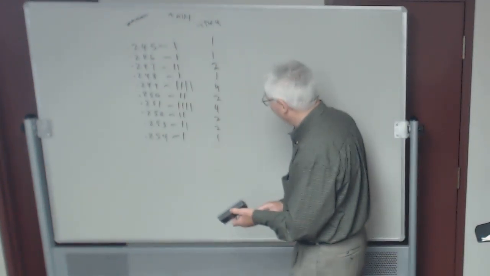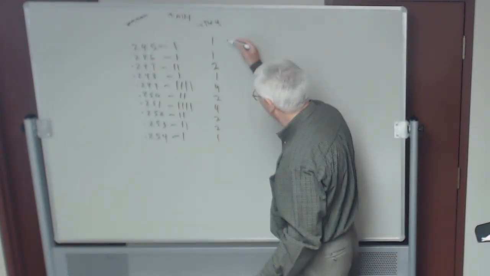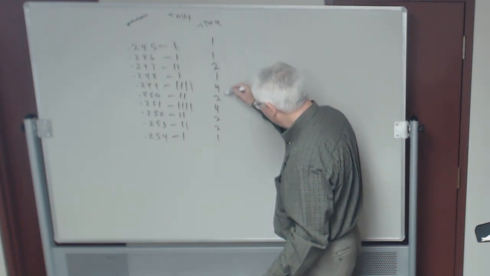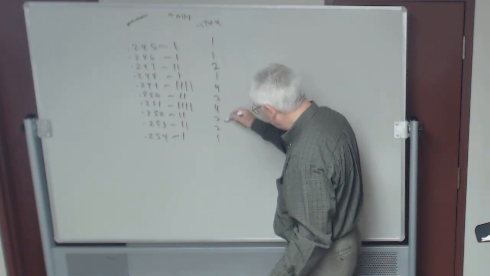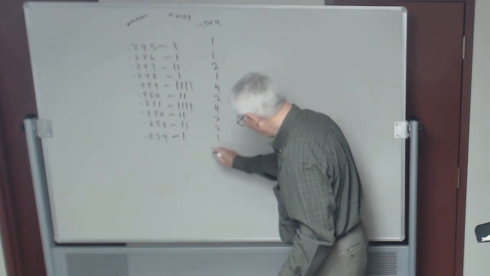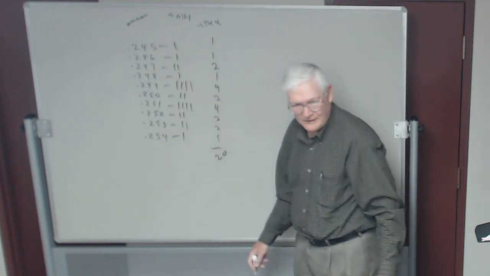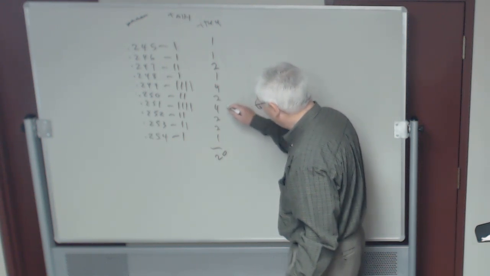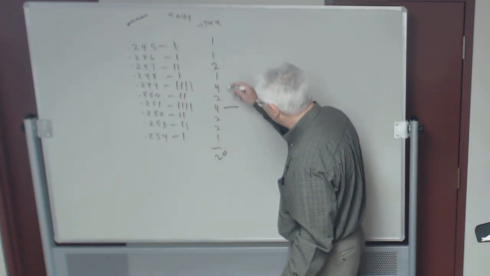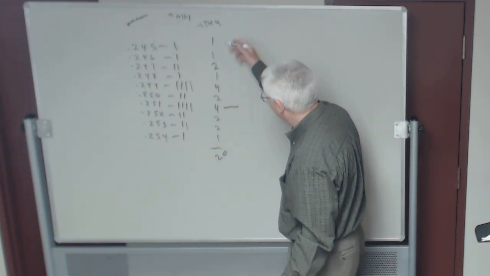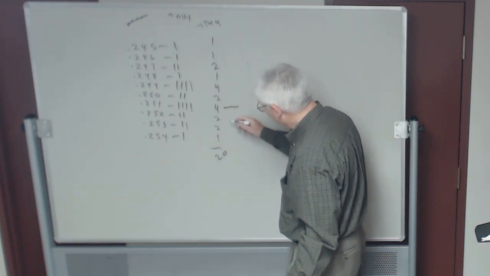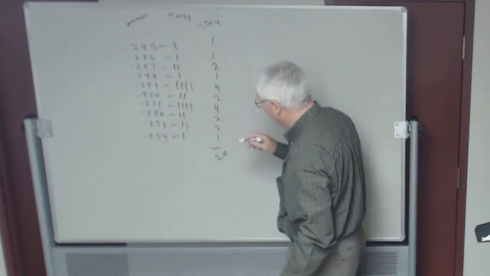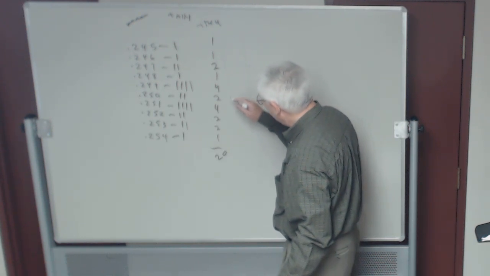How many measurements were there? 1, 2, 4, 5, 9, 10, 11, 15, 16, 17, 18, 19, 20. There were 20 measurements, right? We need 10 above and 10 below, don't we?